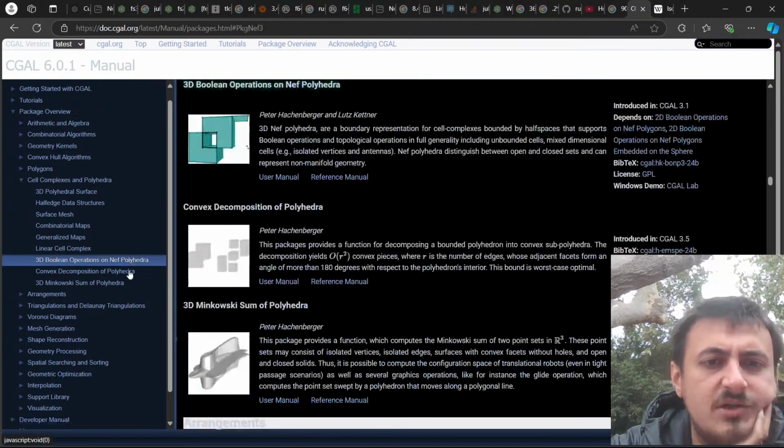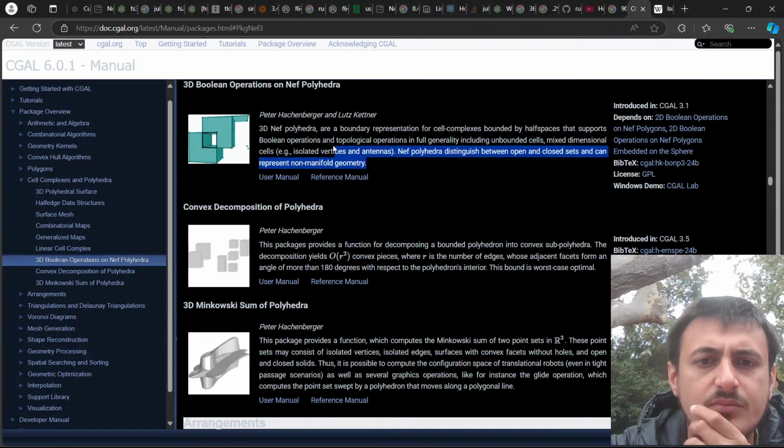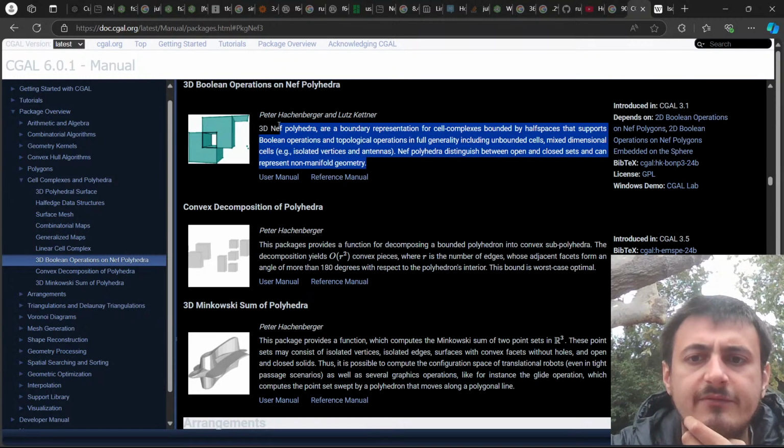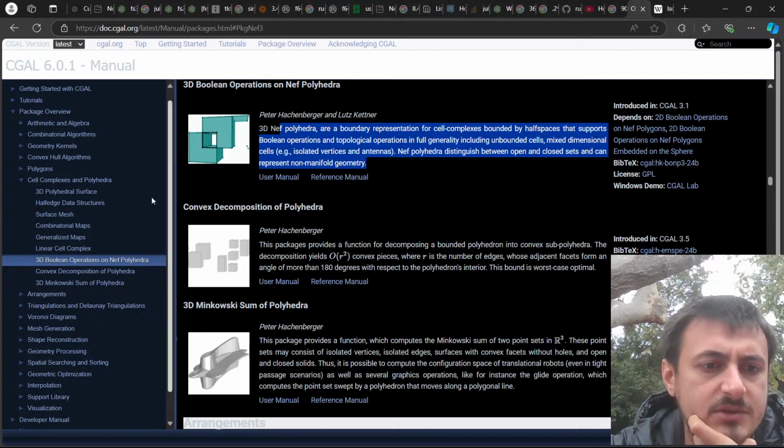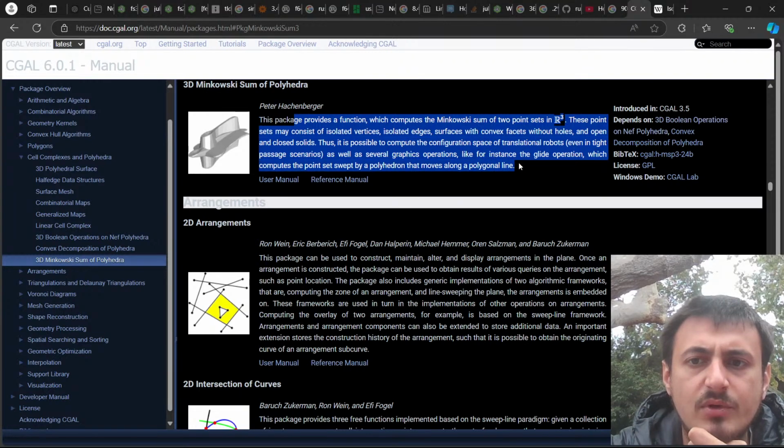What is a Nef polyhedra? 3D Nef polyhedra are a boundary representation for cell complexes bounded by half spaces that support Boolean operations and topological operations in full generality. I don't even know what that means. Minkowski sum of two point sets in R3. These point sets may consist of isolated vertices, isolated edges.